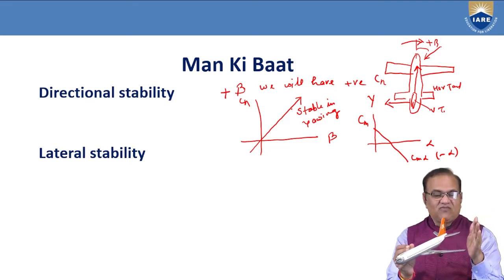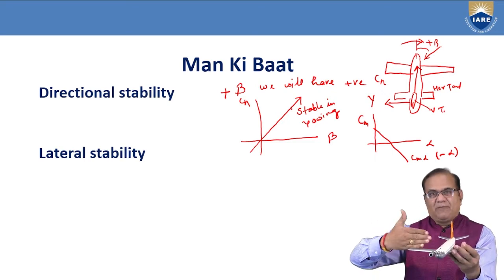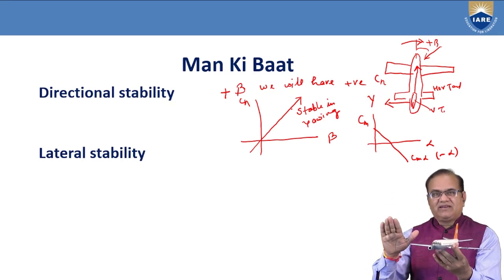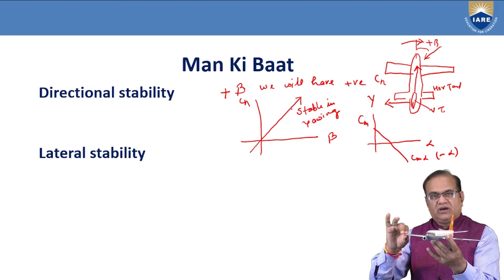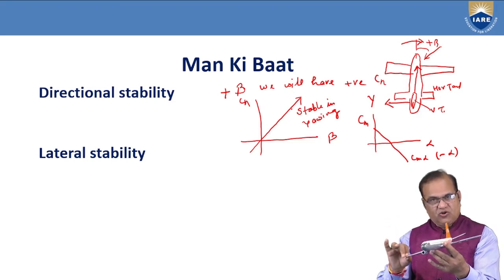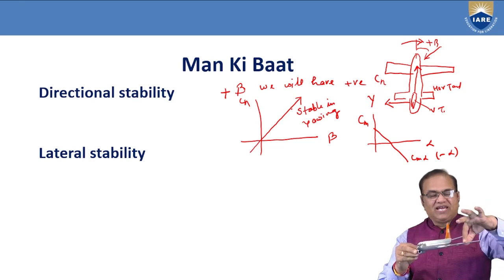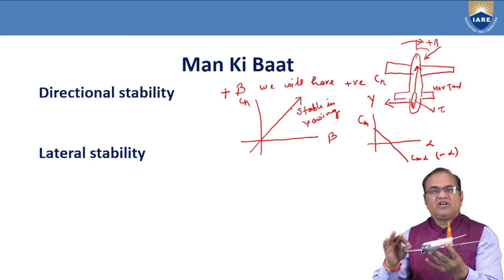The left aileron will go down like this, and the right aileron will go up like this. If I want to make this aircraft roll right wing down, it is a positive rolling. To make this right wing down, we should have more lift here, and in the right wing we should have less lift.